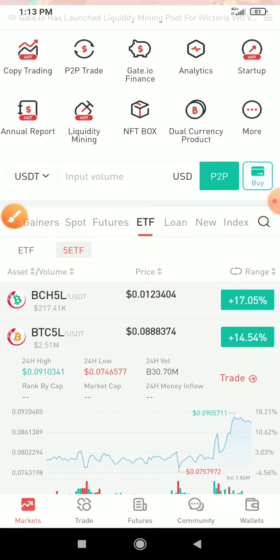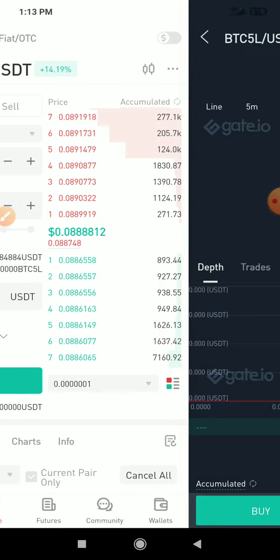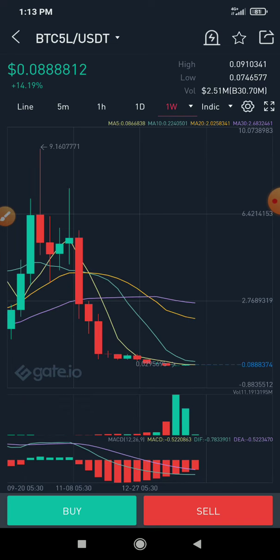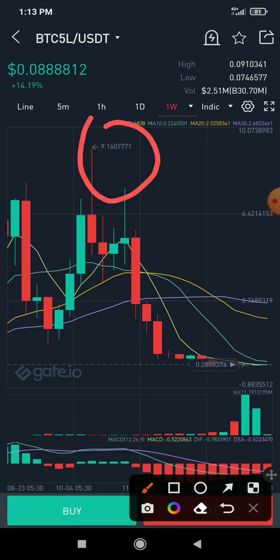In this way we see its graph or chart. First we have to go through the 1 week chart, and here, surprisingly, the high price is around 9.1 USDT.